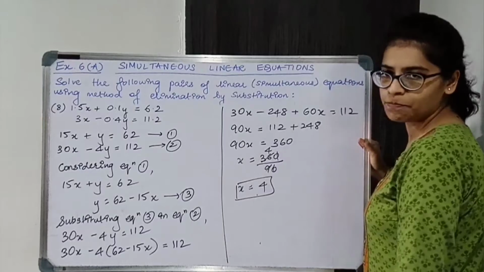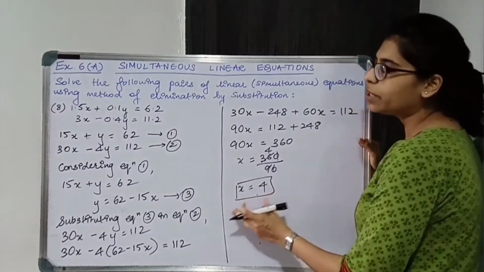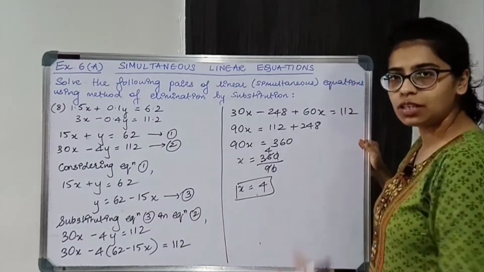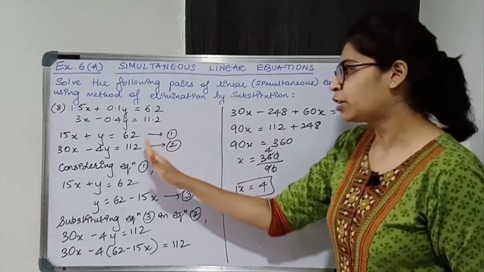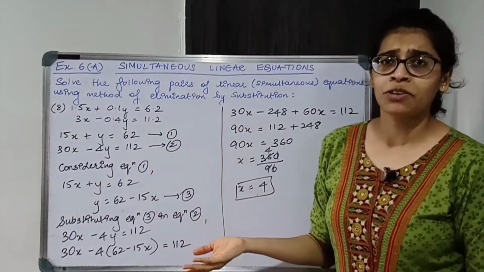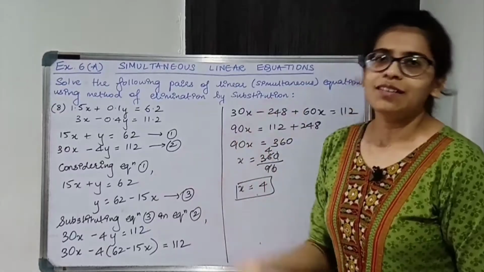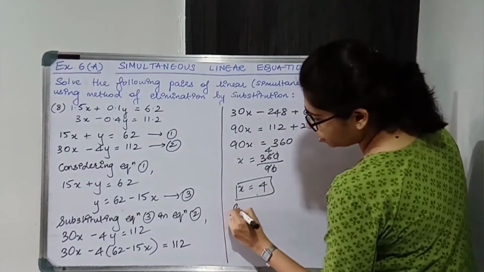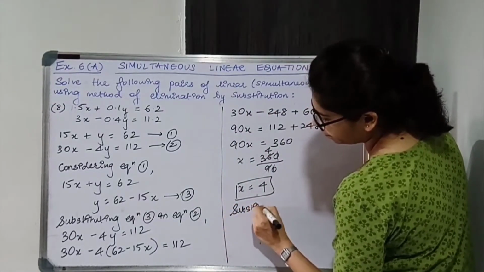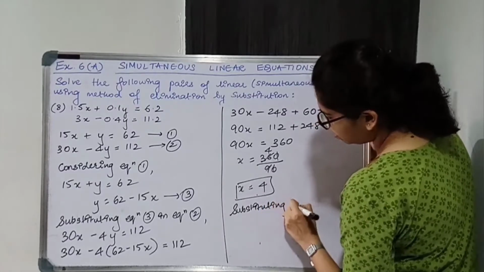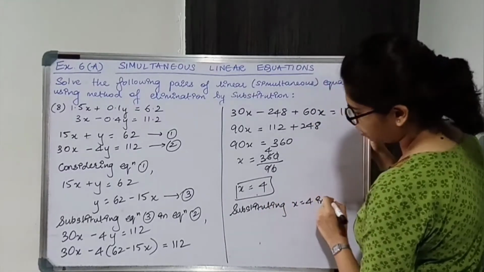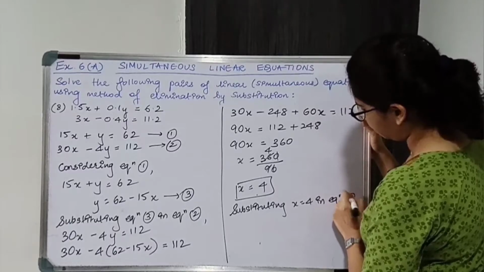Box the answer. We'll substitute this value in equation number 3. Okay, you can also substitute in 1 or 2. That is also correct method, but this would be easier. So substituting x equal to 4 in equation 3.